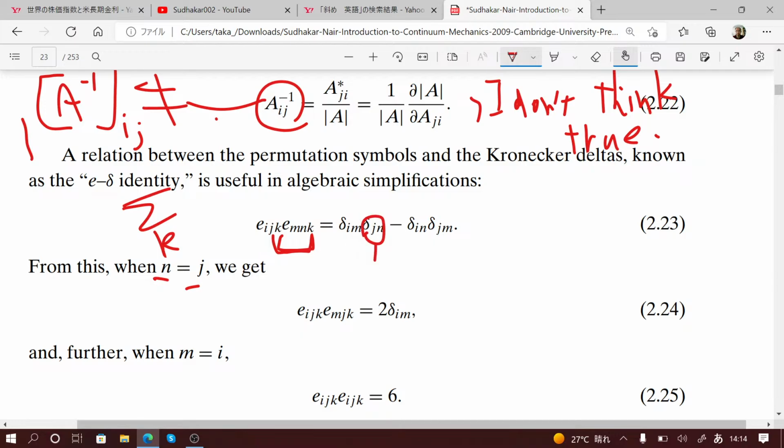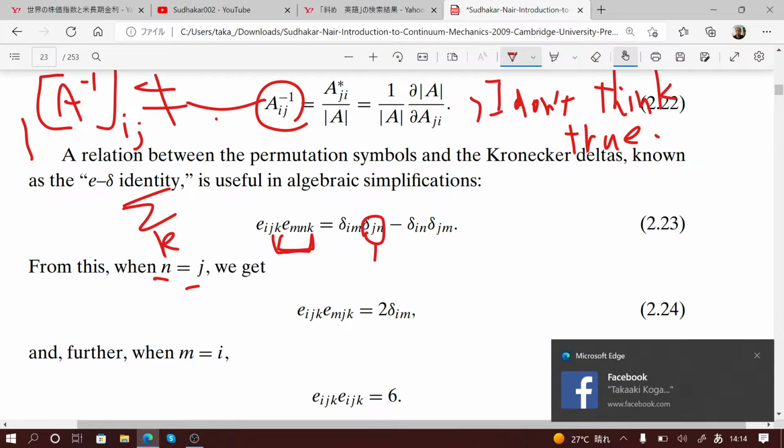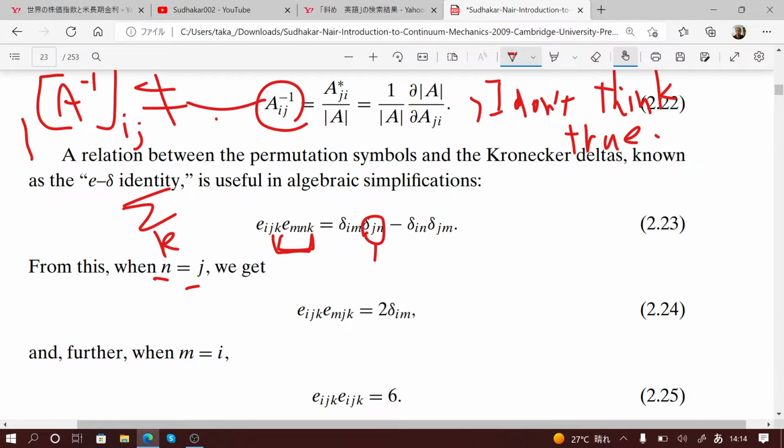This is 1. epsilon ijk epsilon mjk equals delta im.